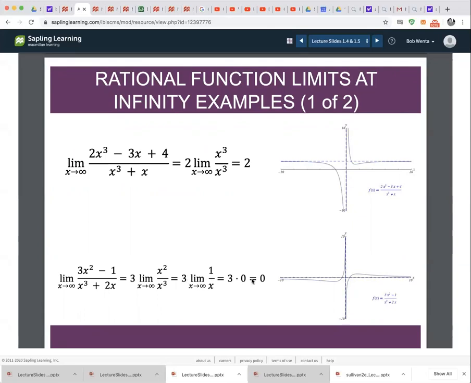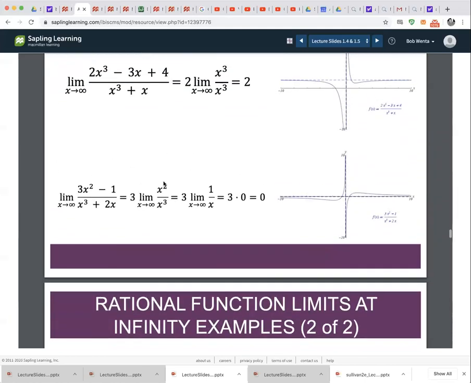So you've got 3 times 0. This is 0. So always, if the denominator exponent is bigger than the numerator exponent of the lead term, then the answer is going to 0. And the graph, notice this is kind of unique. It comes up over the axis and then comes down. This starts under the axis and goes up. It's kind of an entertaining picture there.